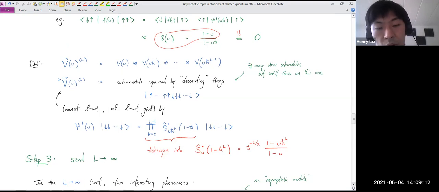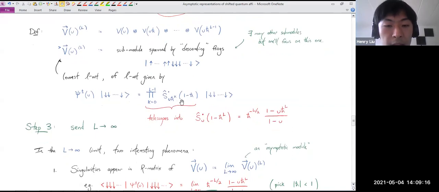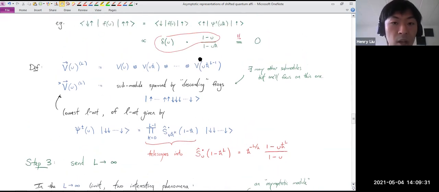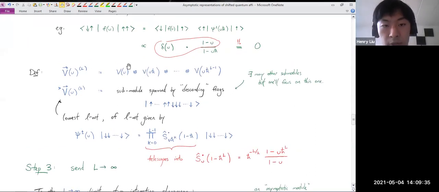So you get the product of each individual eigenvalue. And this product telescopes into a much simpler thing. And again, this cancellation here is not an accident. There's really something very special when you specialize these evaluation parameters into this particular kind of geometric sequence.